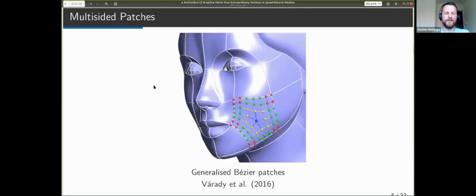Now, what we considered here is the generalized Bezier patch of Ferrari et al., which was published in 2016. This is a very interesting control structure, and we've always wondered how we can update or generalize this construction from Bezier to the B-spline setting?